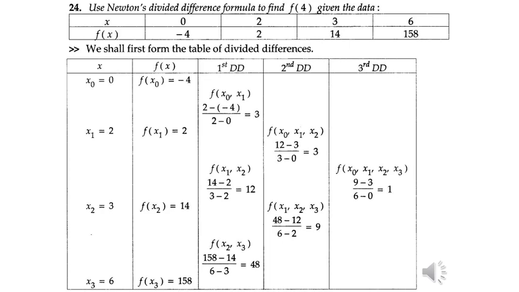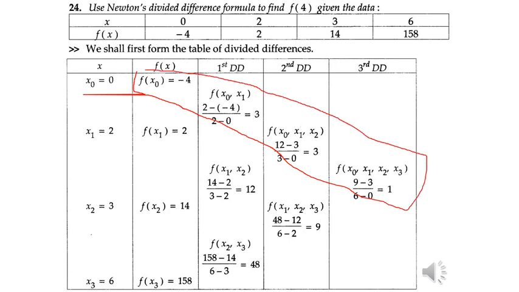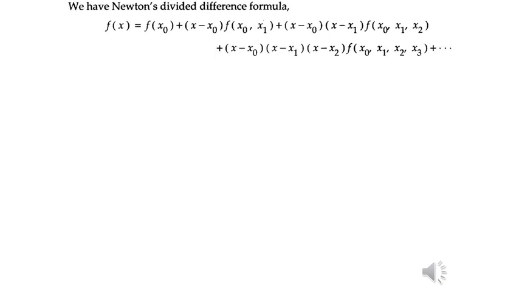In this divided difference table, the requirements of the formula are these values. See, these are the values which we require in the divided difference formula. Let us go to the formula now. See, here is the formula.